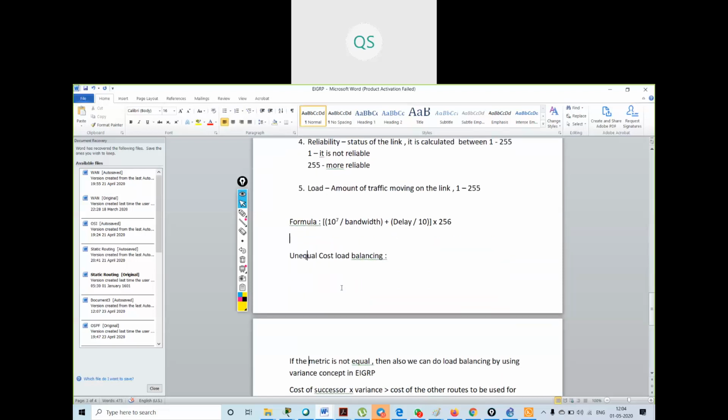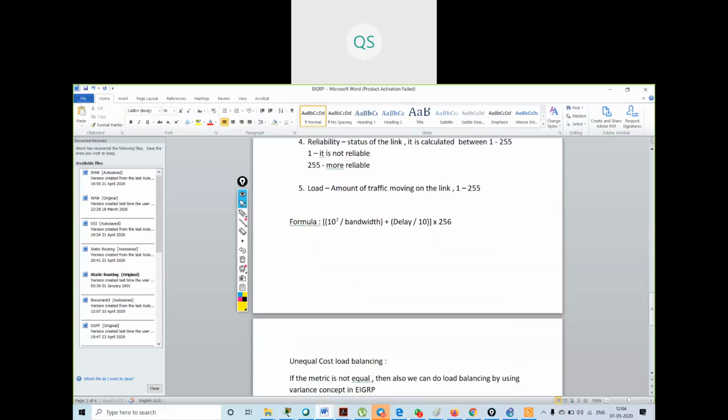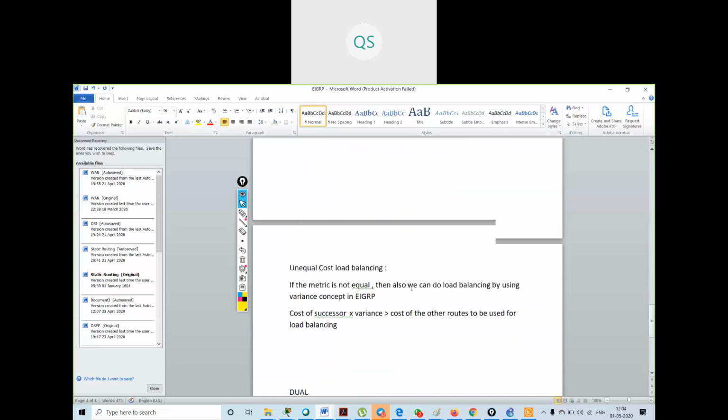Okay. Now, as I told you, there is a concept of equal and unequal cost load balancing. What do you mean by equal and unequal cost load balancing? Equal cost load balancing means suppose I am having a router over here, and I am having two routes and both the routes are having the same bandwidth.